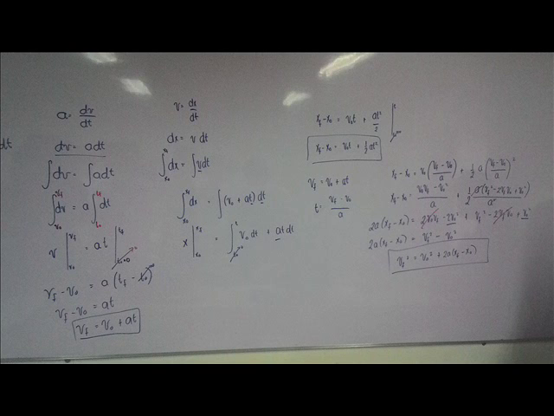So the integral of v dv is v squared over 2, evaluated from the initial velocity to the final velocity. Simplify, we will now have a times x sub f minus x sub o equal to v sub f squared over 2 minus v sub o squared over 2. Multiplying on both sides, we will now have 2a times x sub f minus x sub o is equal to v sub f squared minus v sub o squared.